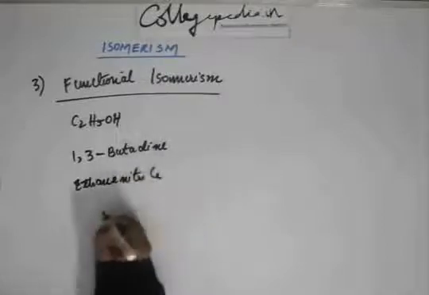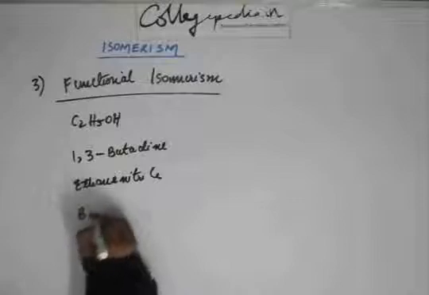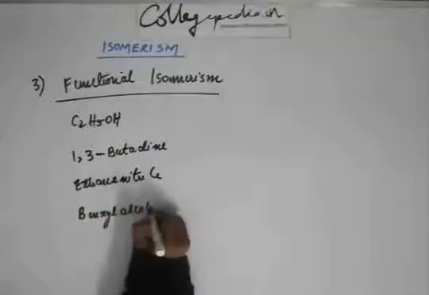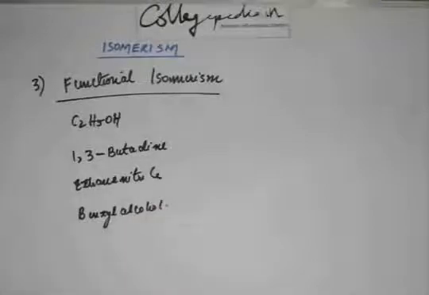And you should also go ahead and find the functional isomers of benzyl alcohol. Try these four, work them out, try and find the functional isomers of all four of them. You will have a good practice of drawing the functional isomers. Anyway, we are going to discuss the answer, but it would be better if you do it on your own.